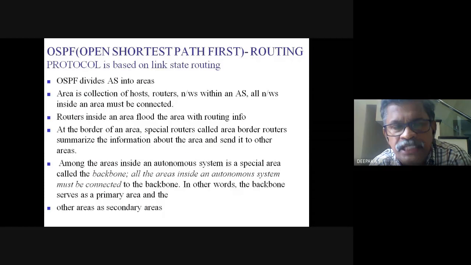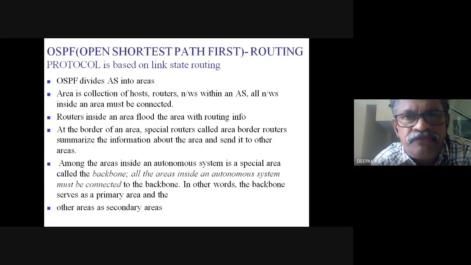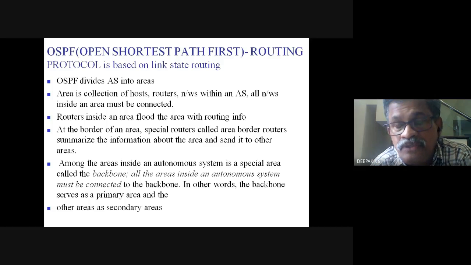Now, OSPF, Open Shortest Path First, is a routing protocol which is based on link state routing. This OSPF divides autonomous systems into areas. We had seen that intra-domain routing is within the autonomous system, so both RIP and OSPF are intra-domain, within the autonomous system.